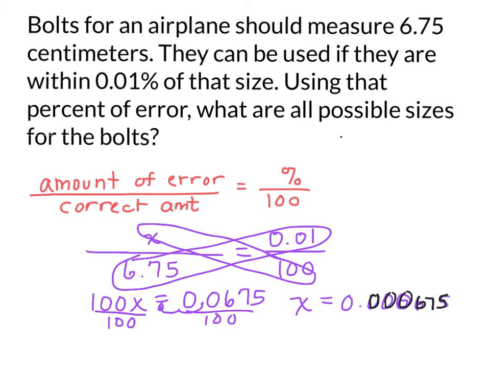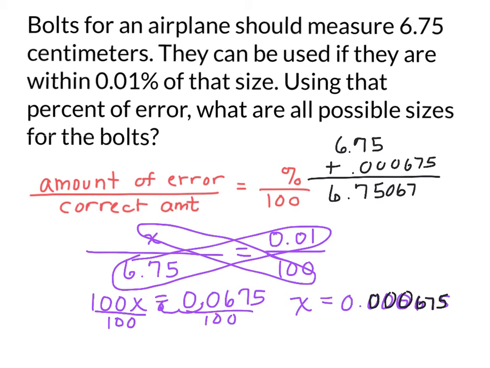Well, let's see. The bolt could be 6.75 plus that amount, 0.000675. So the bolts could be 6.750675 centimeters long. So they can be slightly larger, or they could be slightly smaller.